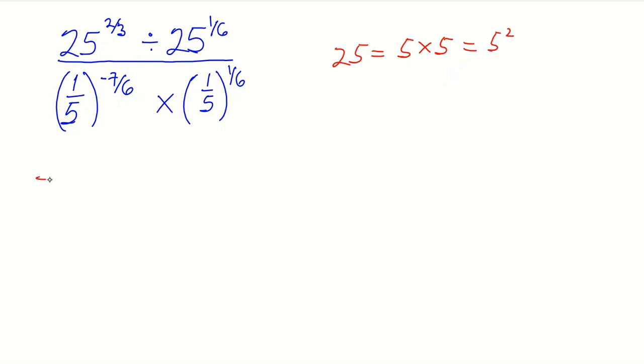So now 25 is 5 exponent 2, and our existing exponent is 2 out of 3.